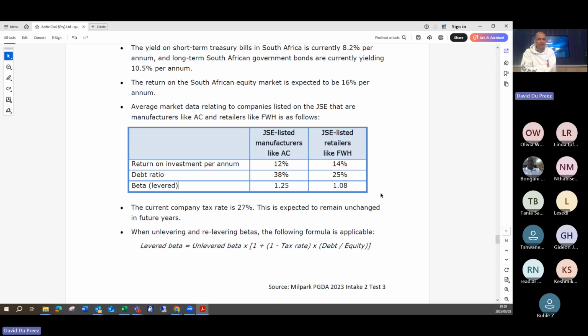I like that honesty, Ridwan. What that means is that this beta has factored in the risk for that company. And for me to use that, I must take the risk factor out of that company, and then bring my risk factor into it.